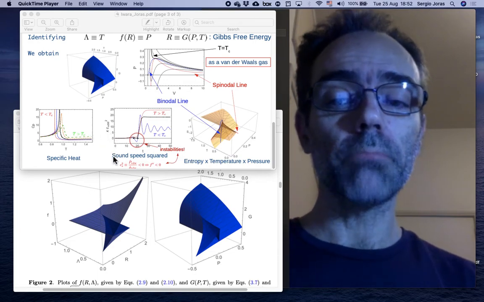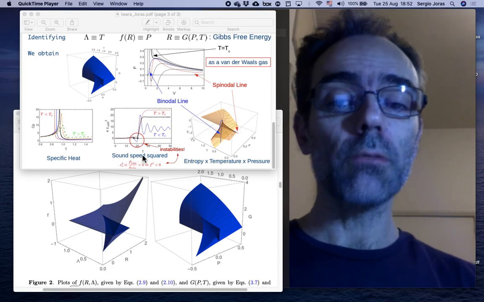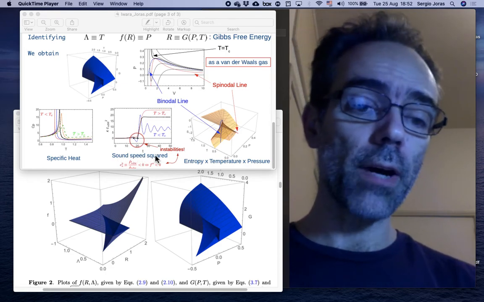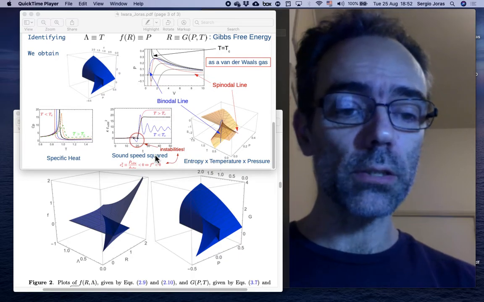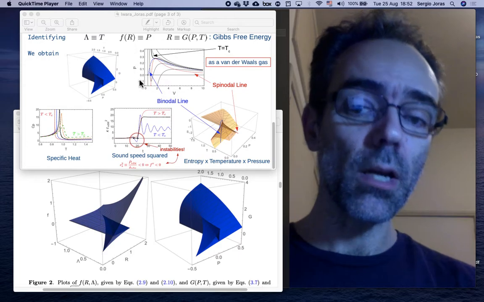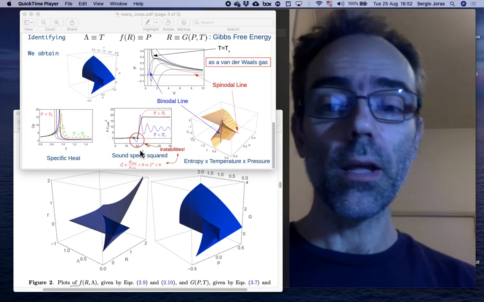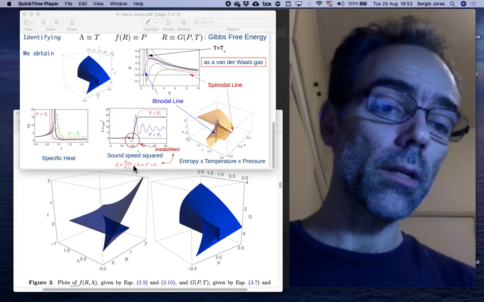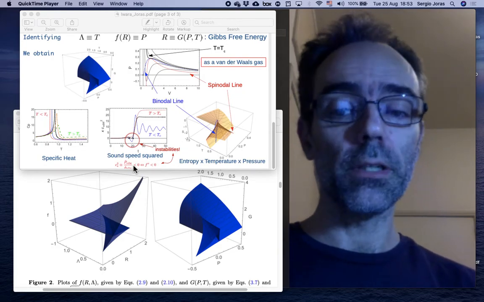And the really interesting piece of information is this one. We can define the sound speed squared of this van der Waals gas. It is defined as P dot over rho dot, where P is the pressure, as f of R, dot is the time derivative, and rho dot in the denominator is the time derivative of the energy density.